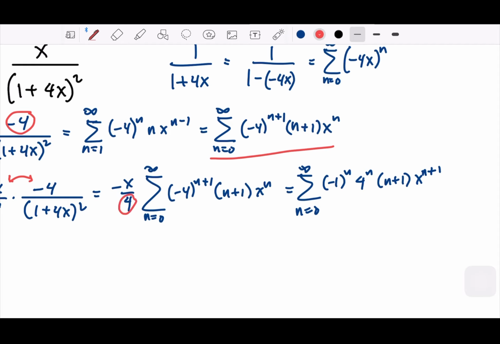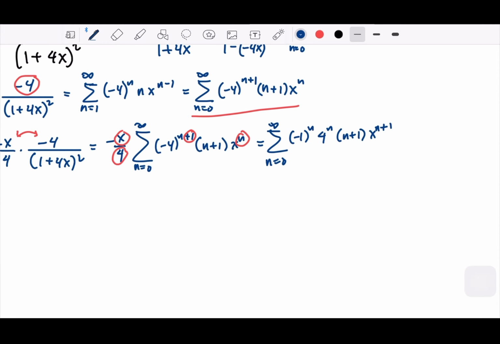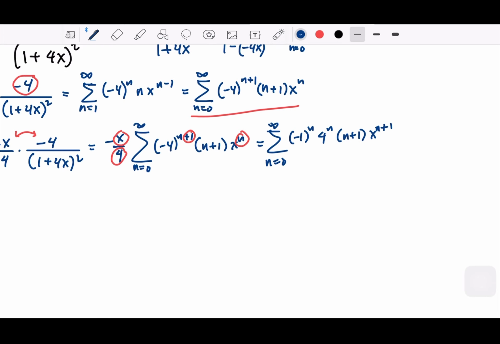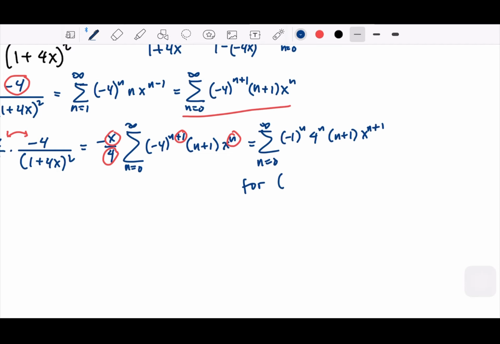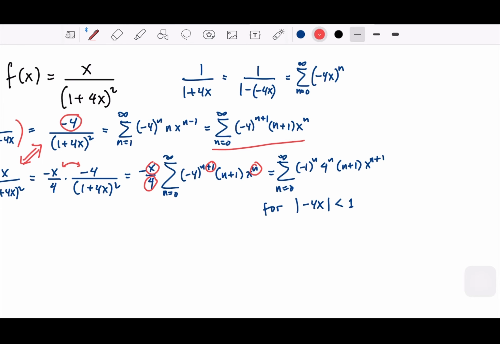So this will be cancelling with this and this with this. Okay, so we have -4x less than 1. This is from the geometric series here.